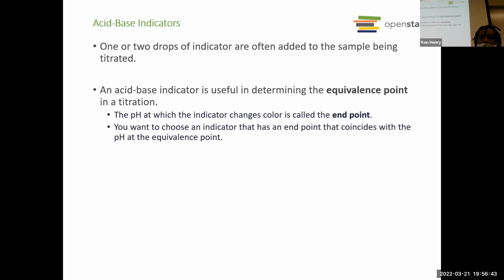Okay. So, acid and base indicators. An indicator is basically what we use to identify that a titration has happened, that we've reached an equivalency point, or that we reached a certain pH.